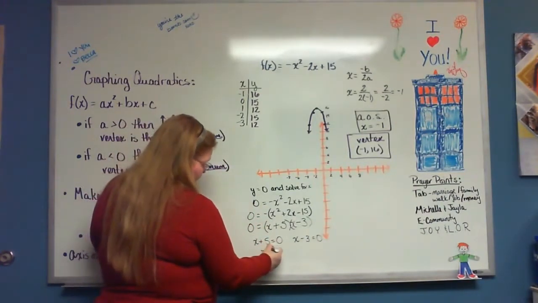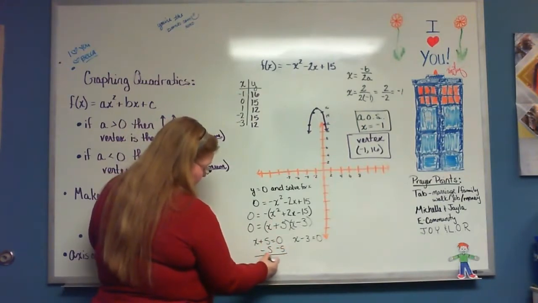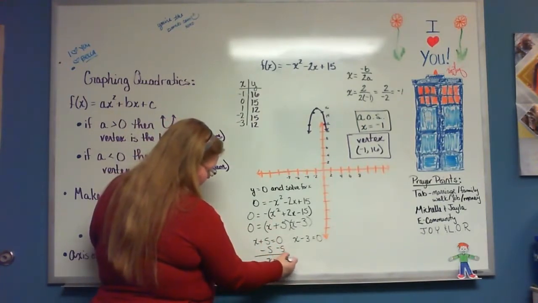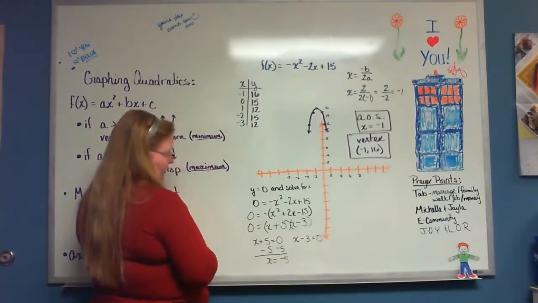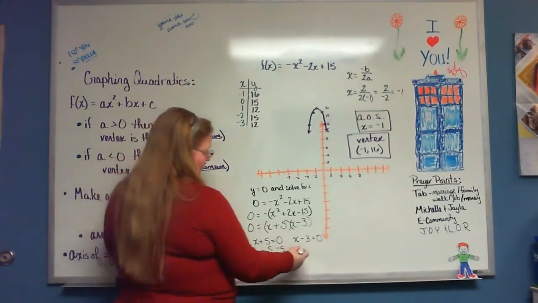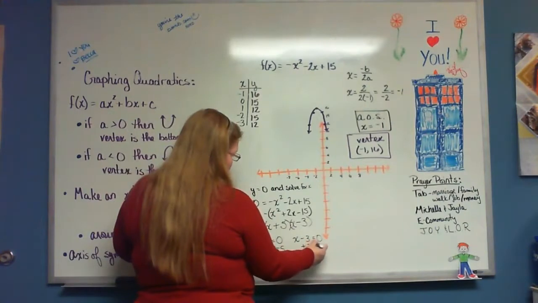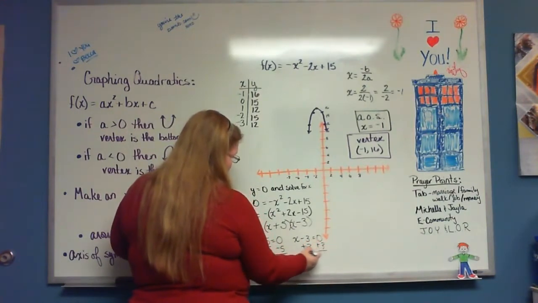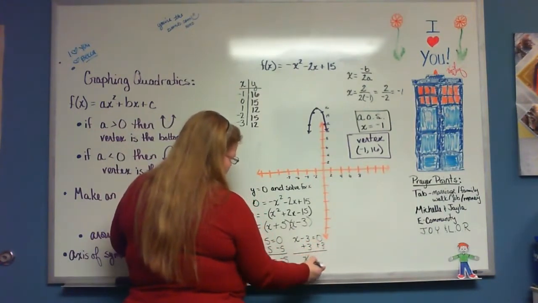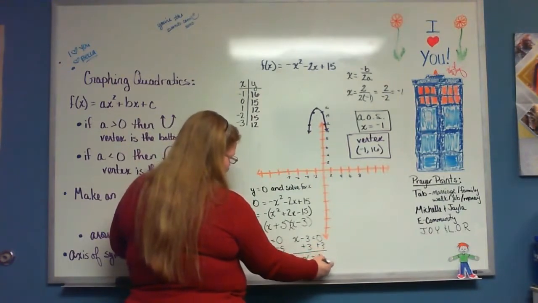So I subtract 5 and get x equals -5. And I add 3 and get x equals 3.